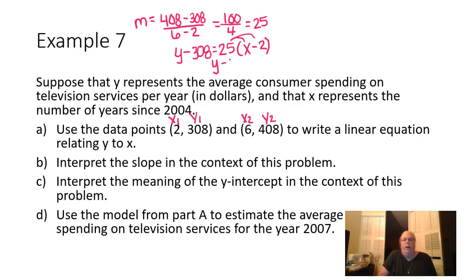We'll have y minus 308 equal to 25x minus 50. And then to get y all alone, we'll just add this 308 to both sides. And our model will be y is equal to 25x plus 258.